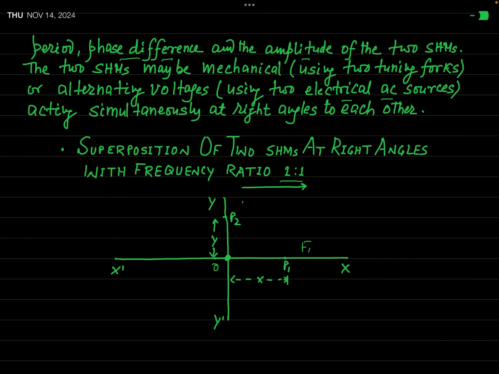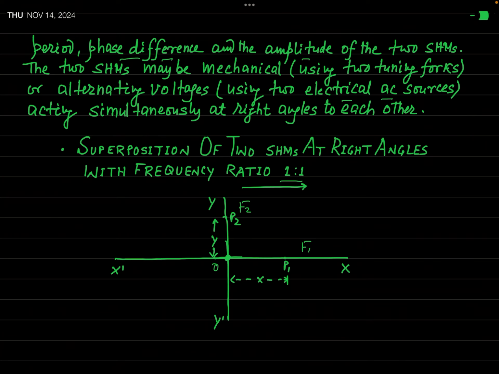And when the other force F2 acts on this oscillator independently, that is F1 is absent, only F2 acts, then due to this restoring force our particle executes SHM along the y-axis. Now, when F1 and F2 act on the particle simultaneously, our particle will experience two SHMs simultaneously, one along the x-axis and the other along the y-axis.